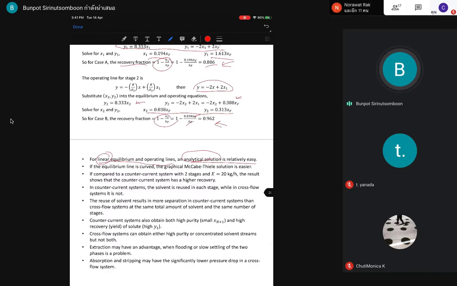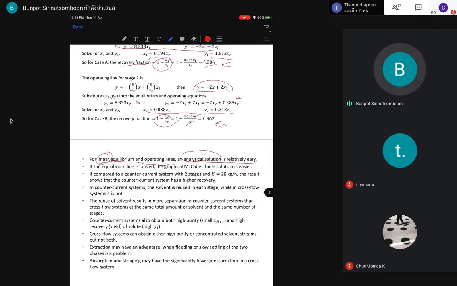Like the group that presented exercise problem two, they used the analytical technique, and it's quite okay.